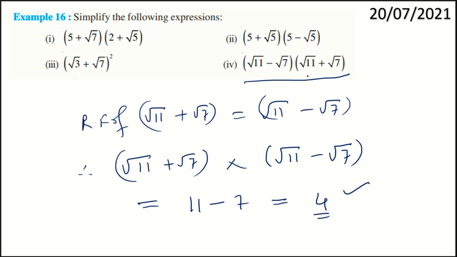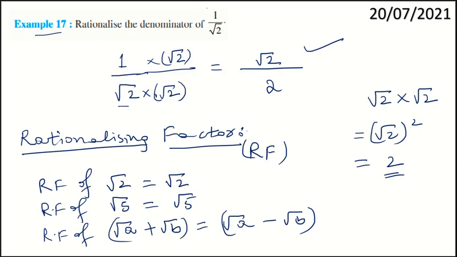For this, that will be the rationalizing factor, and for that one, this one will be the rationalizing factor. So how do we say that? For plus, minus is taken as the rationalizing factor, for minus, plus is taken. Understood? Let me write it in a proper way so that you do not get confused.